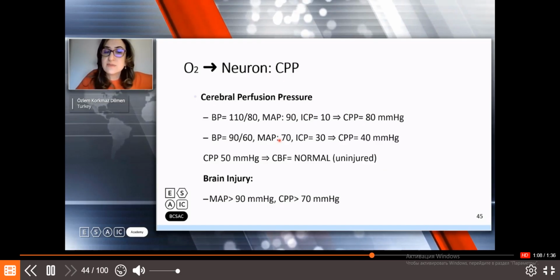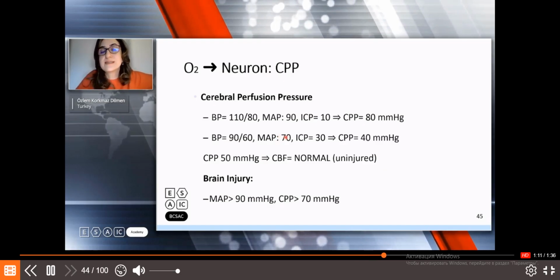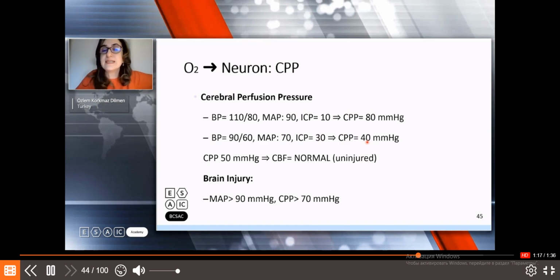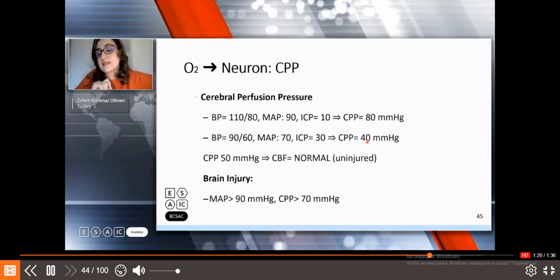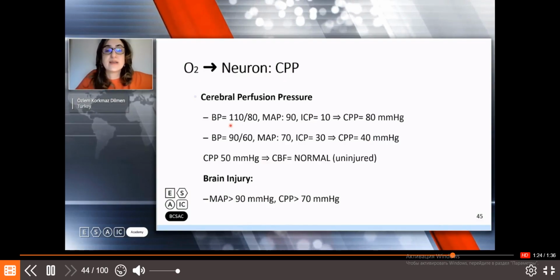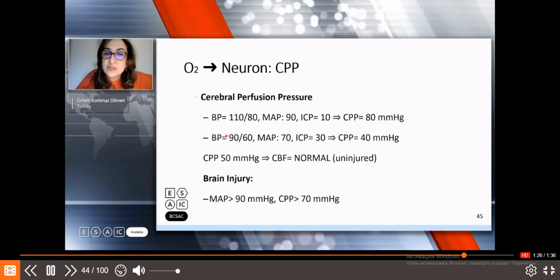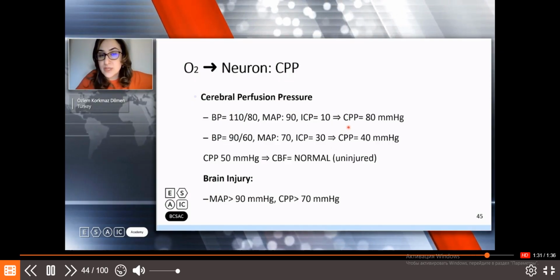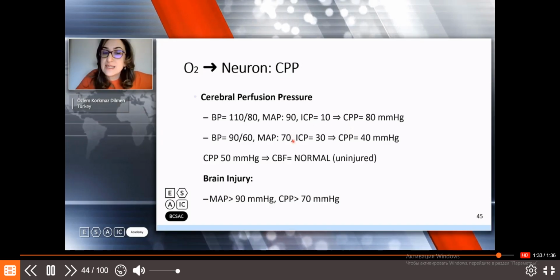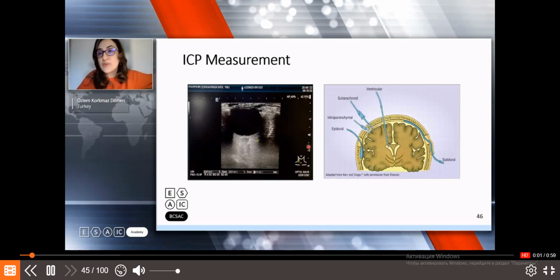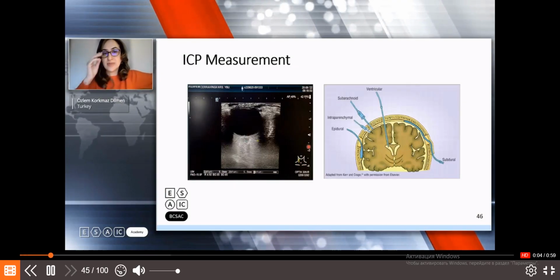If we calculate the mean arterial pressure, it's 70 minus 30, it's 40. 40 is not enough for us. That's why even slight hypotension can cause reduction in cerebral perfusion pressure if your patient has raised intracranial pressure.